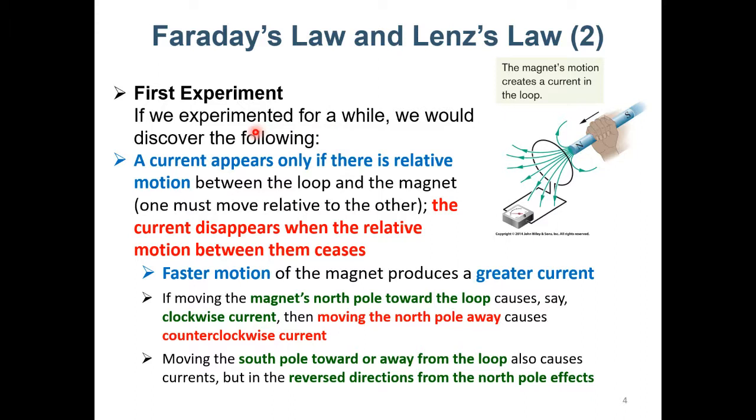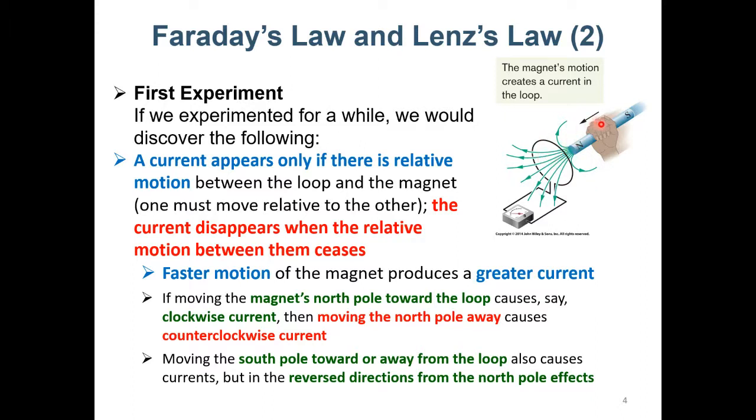So if we experiment for a while, we would discover the following, which means we can summarize some more concrete rules. A current appears only if there is relative motion, which means you need to move the magnet or the loop.